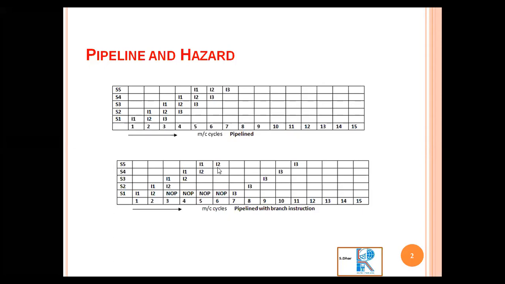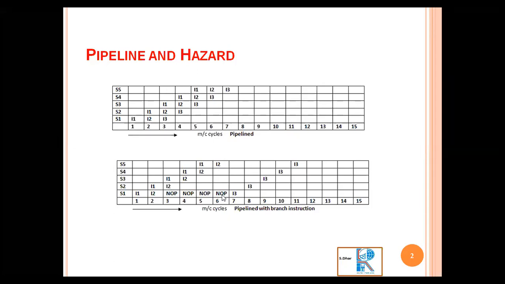Only after the completion of I2, the processor will know what is the next address of the instruction, then it will start. If the next instruction is I3, after the completion of I2, I3 will start. If the next instruction is I10, I10 will be started. So these are NOP, NOP, NOP, NOP. These all are no operation.